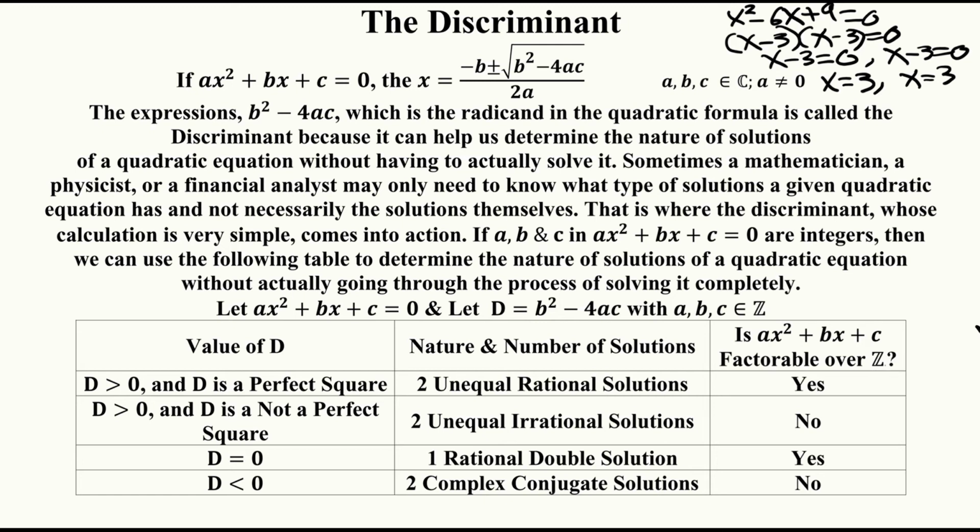You can still factor any quadratic if you allow complex numbers to be the constants that you subtract from x. But again, more on that in college algebra. So simple stuff, important. Make sure you stay on this page, pause it until you understand it before we move on to look at some examples.